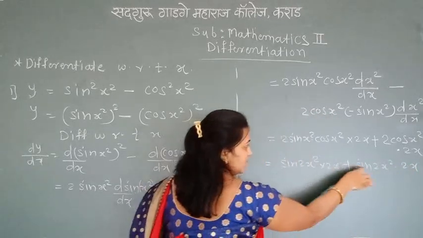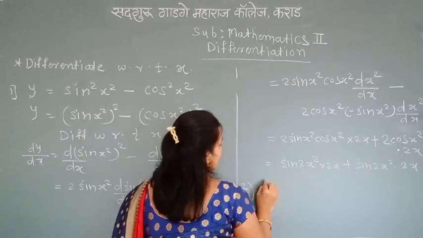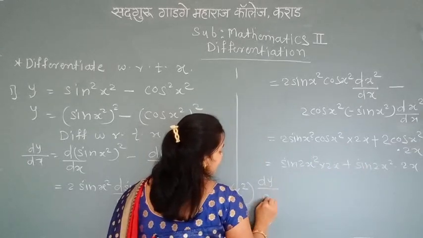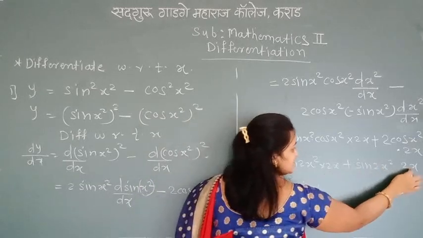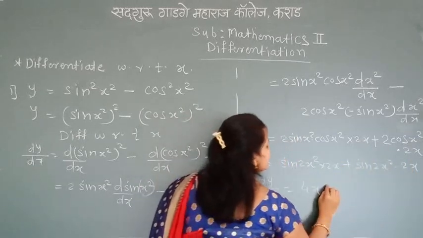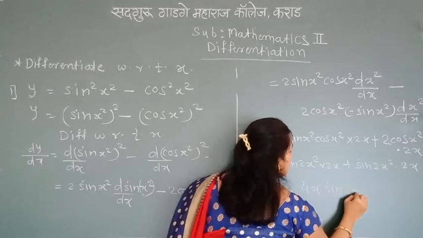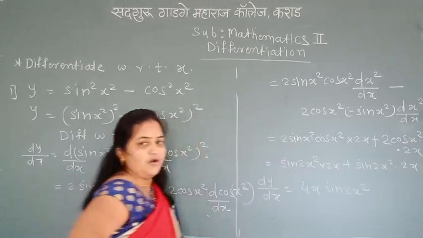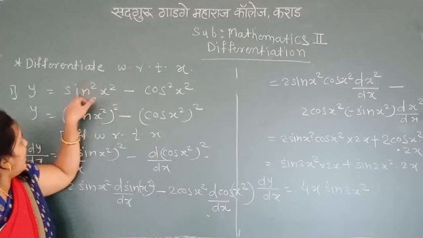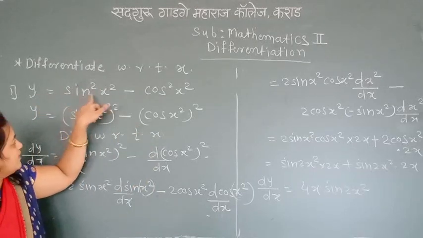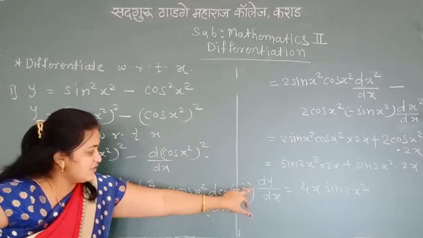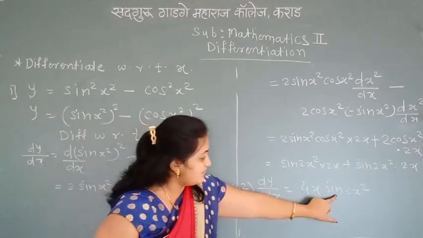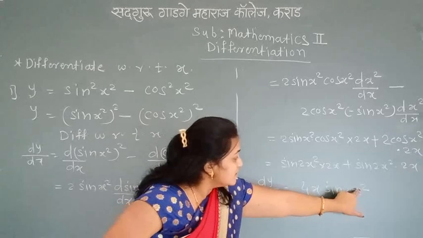Now this two term is same. So addition, we get final answer dy by dx is equal to 4x sin 2x square. So I hope you are understanding. Your answer: question is sin square x square minus cos square x square, derivative is dy by dx is equal to 4x multiply sin 2x square.